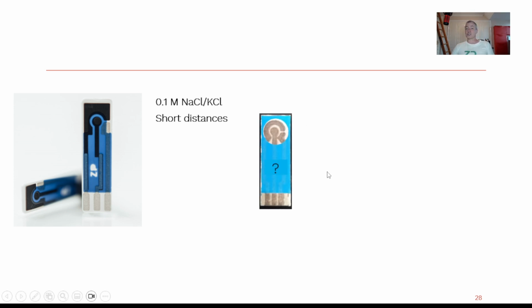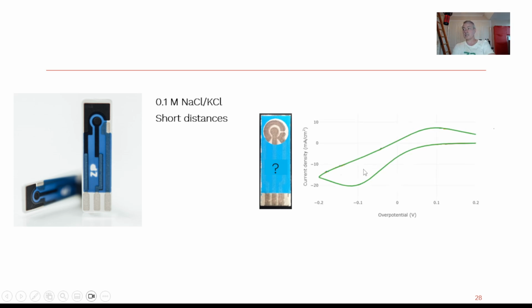I do on occasions get sent images like this, showing very distorted data. And actually, it's not the IR drop that's the problem with these; this is not a ZP screen printed electrode. It's the conductivity of the electrodes themselves that people are using. I've helped somebody in the past. They were doing paper-based screen printed electrodes, and they really suffered from poor conductivity of their electrodes.